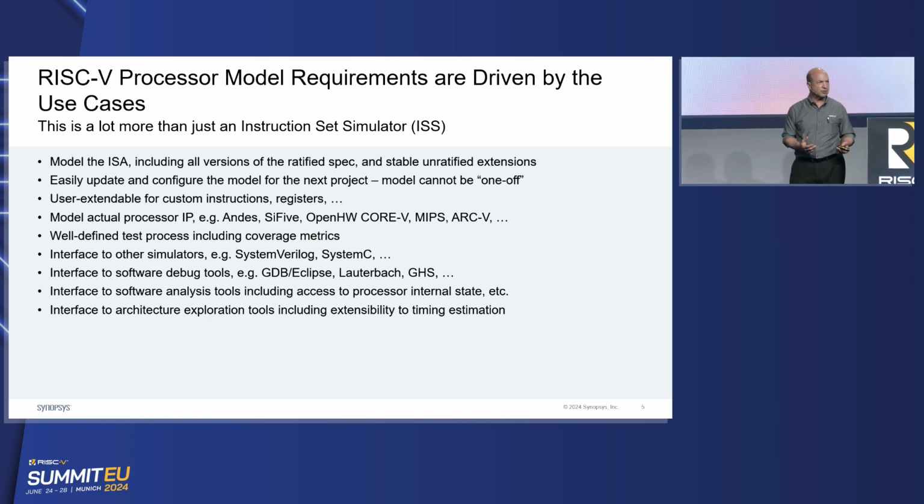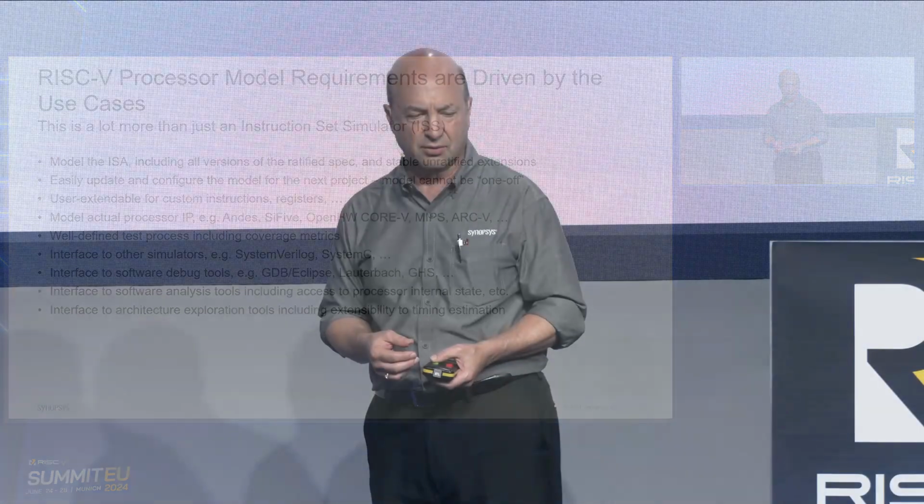Of course, we have to model the ISA, including all versions of the ratified spec and stable unratified versions. You have to be able to easily update and configure the model for the next project. You cannot have a model that's built just one-off. It needs to be user extendable for the custom instructions, CSRs, et cetera.